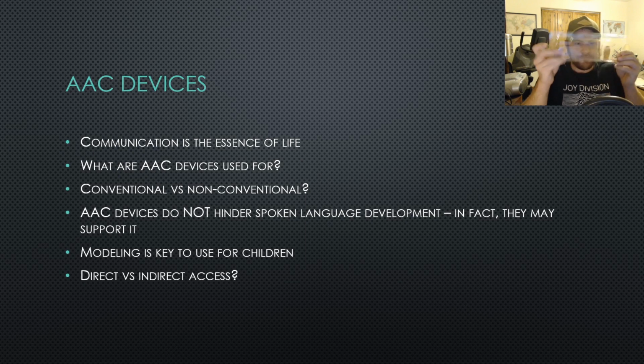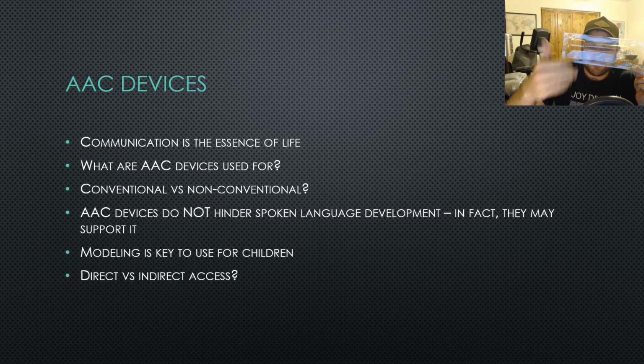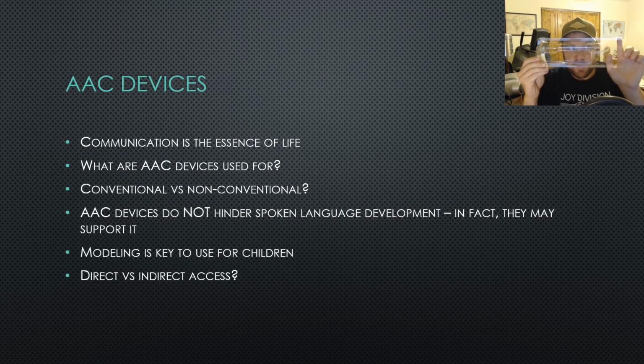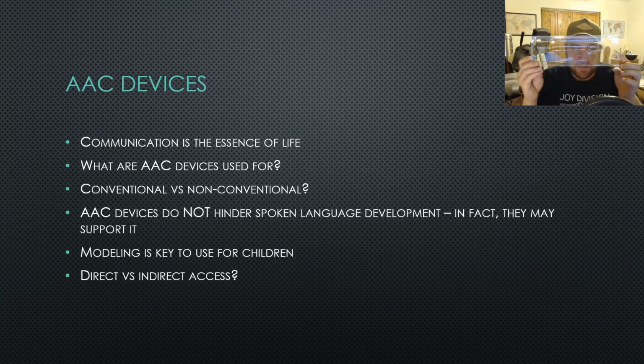So, anyway, a non-conventional device might be something like this plexiglass that could be between you and the speaker, or the communicator. And they might look up in the corner, and if they look up to this corner, it means food, and then they look over here, and that means candy. But maybe they look down here first, and then they look up here, and that means book.